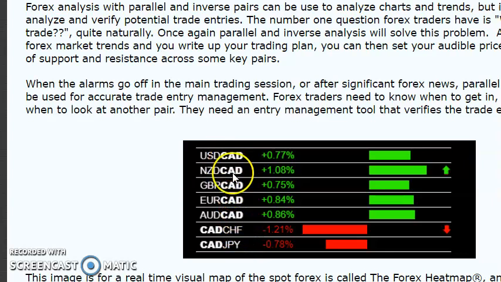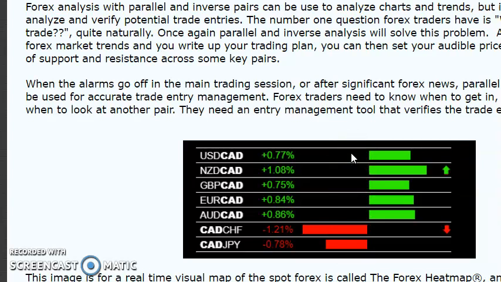If the USD CAD or New Zealand dollar CAD is in an uptrend on an H4, D1, or W1 time frame, you can get right into these pairs on the Canadian dollar weakness, and you will now be trading in the direction of the trend, and you'll have trade entry verification by all of the Canadian dollar pairs.